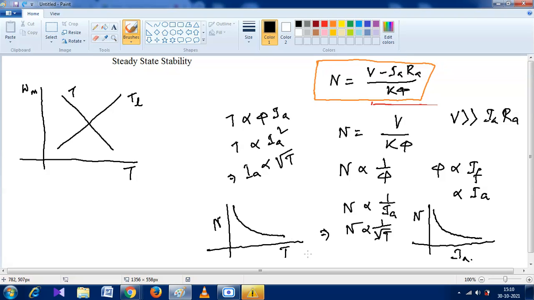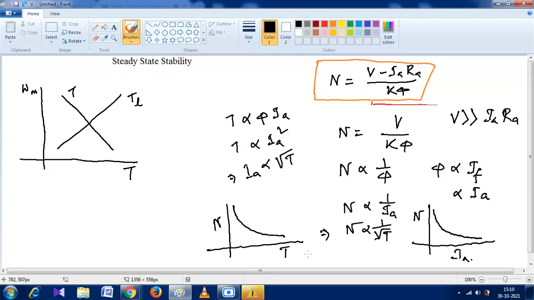So if the torque is high, then what will happen? Speed will be low. Sir, torque is inversely proportional to speed.